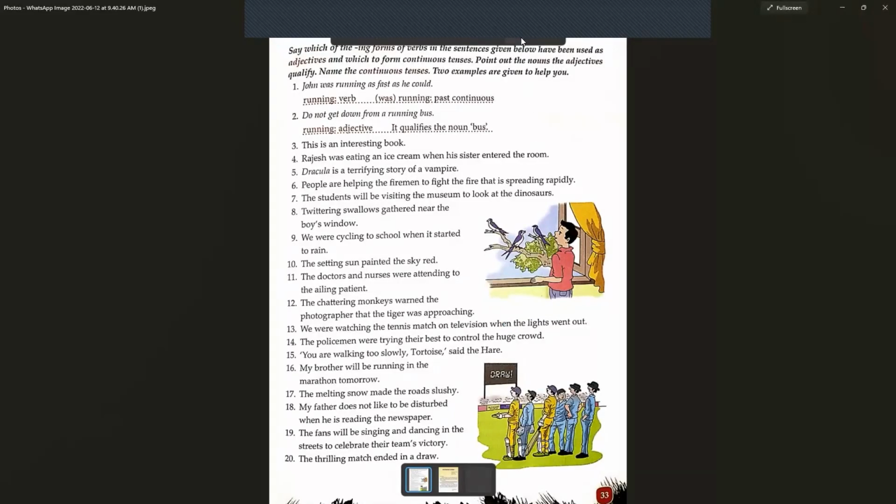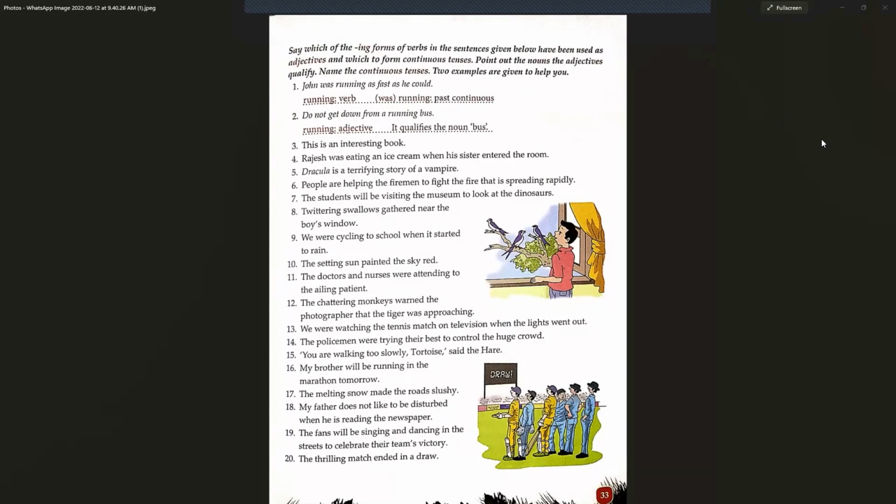So you can look at them. Yes, Shamas, can you see the page right now? Can you see the page, everyone? Page number 33. Yes, teacher. Okay.